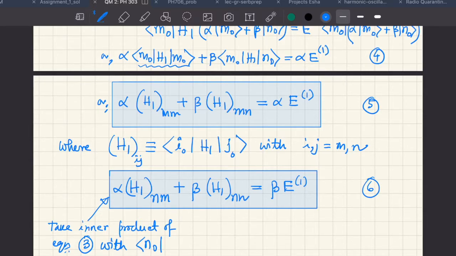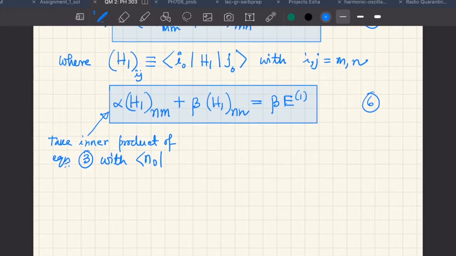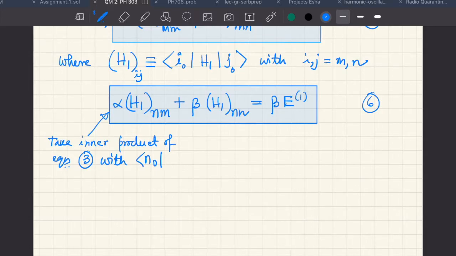Now, first important note: H1 Ij are in principle known. They are just the matrix elements of the perturbation matrix H1 with respect to the unperturbed states m naught and n naught. It is a different question whether we know the exact linear combination, that is, whether we know alpha and beta. That is a different question, but the states m naught and n naught are known.